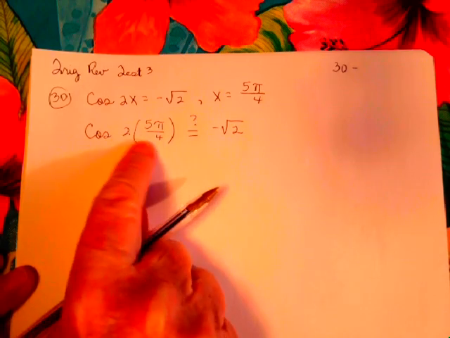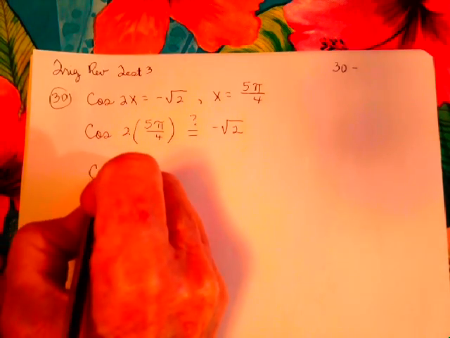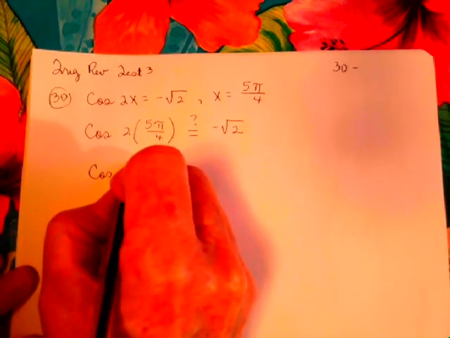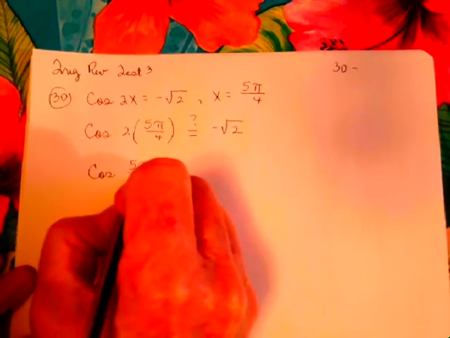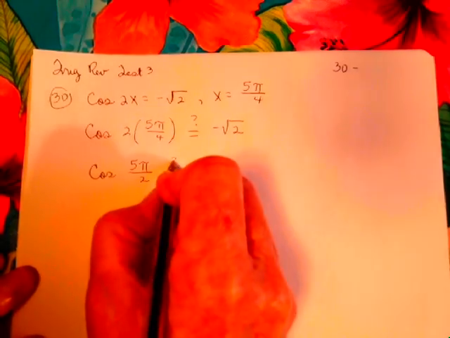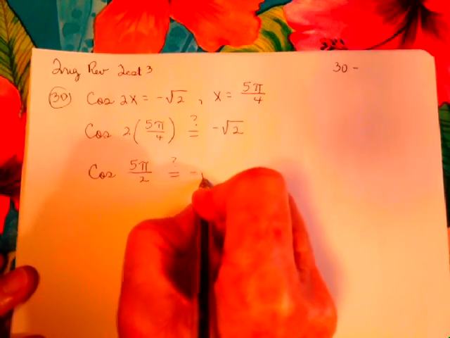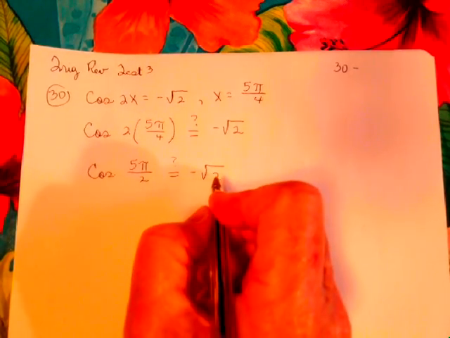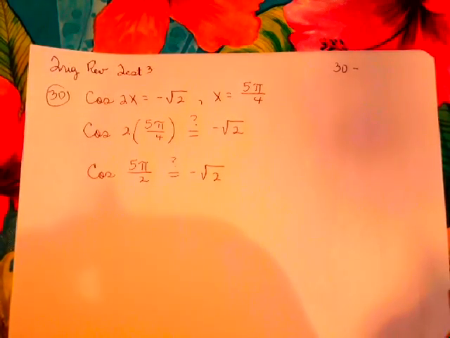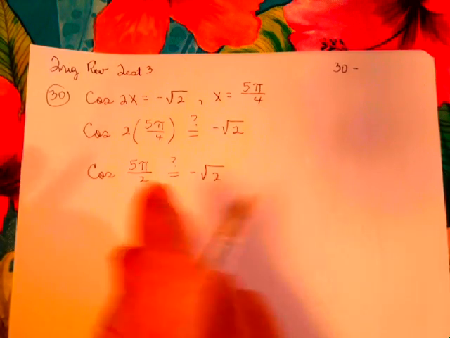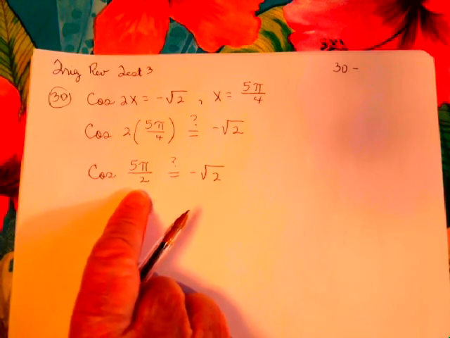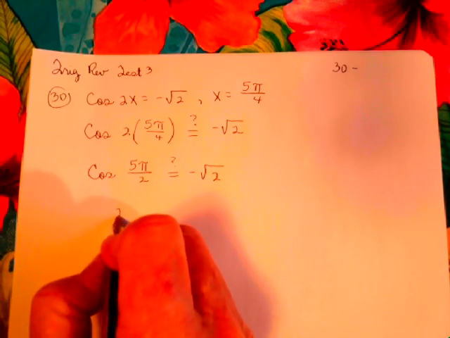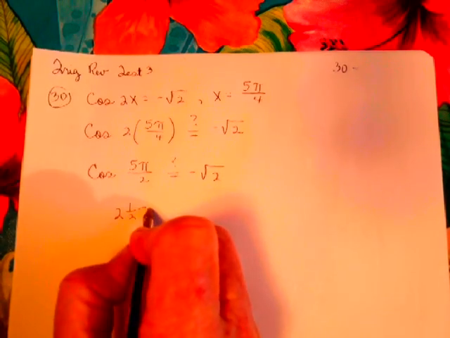Simplify this expression. 2 times 5 pi over 4 is the cosine of 5 pi over 2. I want to know if that equals the opposite of the square root of 2. You know that this 5 pi over 2 is like 2 1/2 pi.